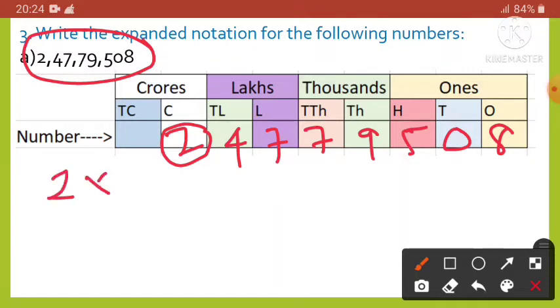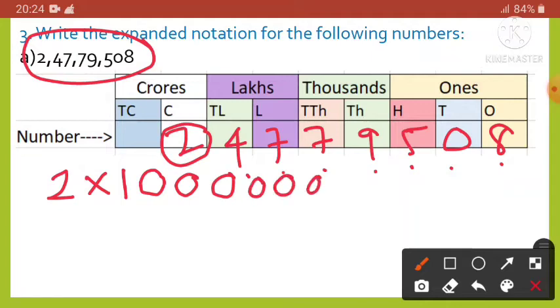2 is under crore. So 2 multiplied with 1, and how many zeros? 1, 2, 3, 4, 5, 6, 7. Okay, got it? Then it is 47 lakh.